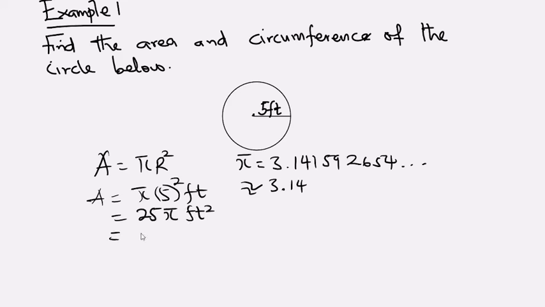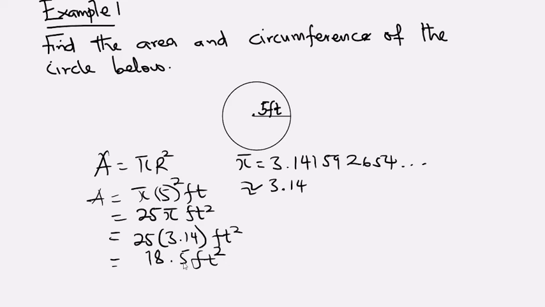Now we substitute the value of pi as 3.14, so we get 25 times 3.14 square feet. 25 times 3.14 equals 78.5 square feet. So this is the area of the circle.